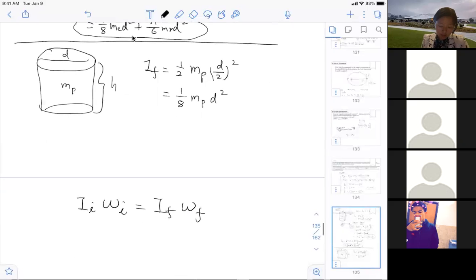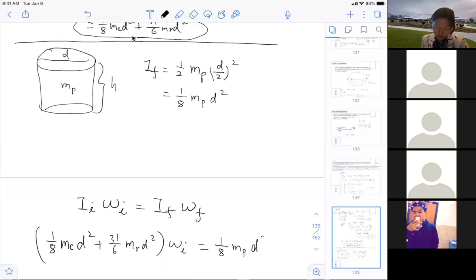Okay, so 1/2 mc d squared plus 31/6 mRd squared, times omega initial, is equal to 1/8 mass of the person d squared omega final. So you can see the d squared cancels.